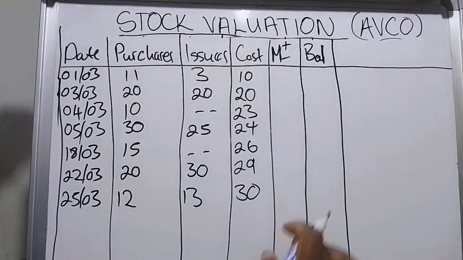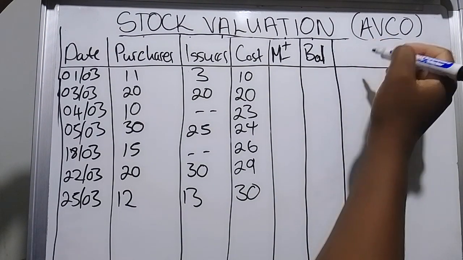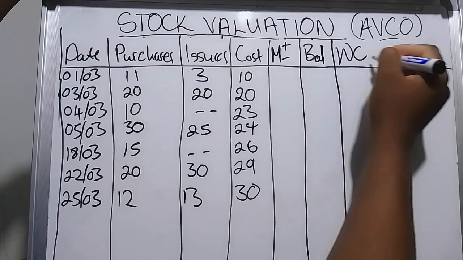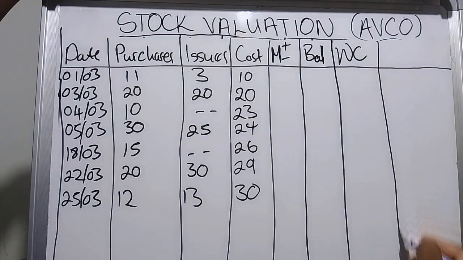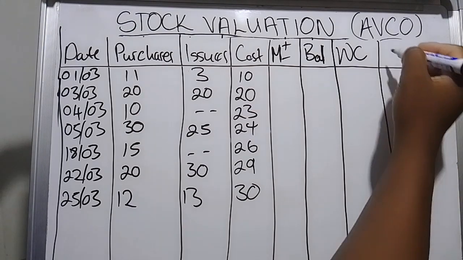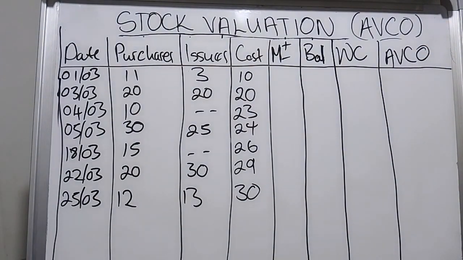This is the movement in stock. Then I'll put another column written weighted cost, WC. Then I'll put the last column written Avco, average cost. Okay, now you need to pay attention and see how we do this.